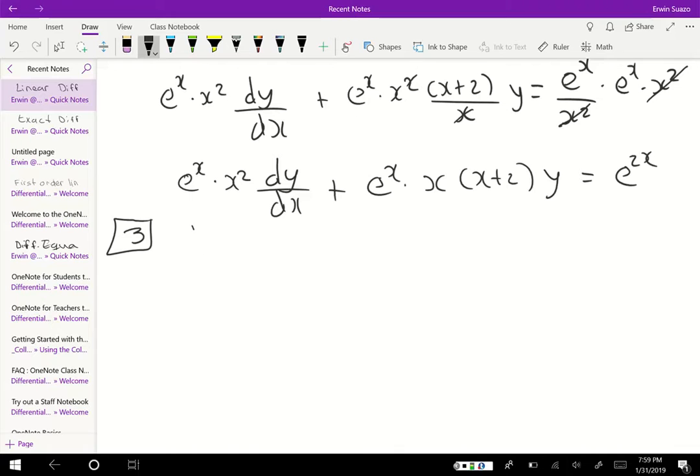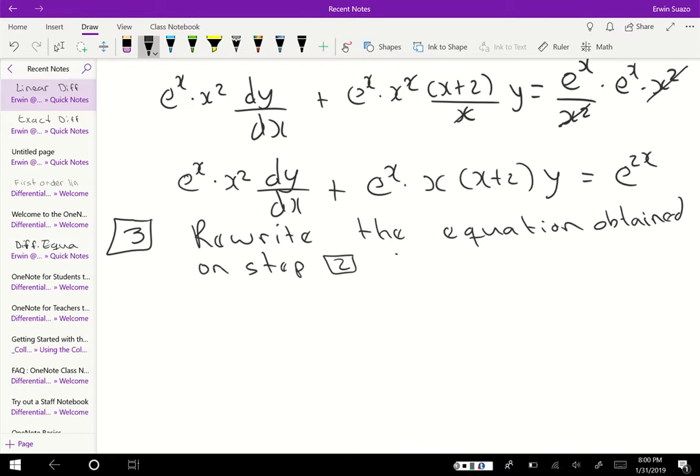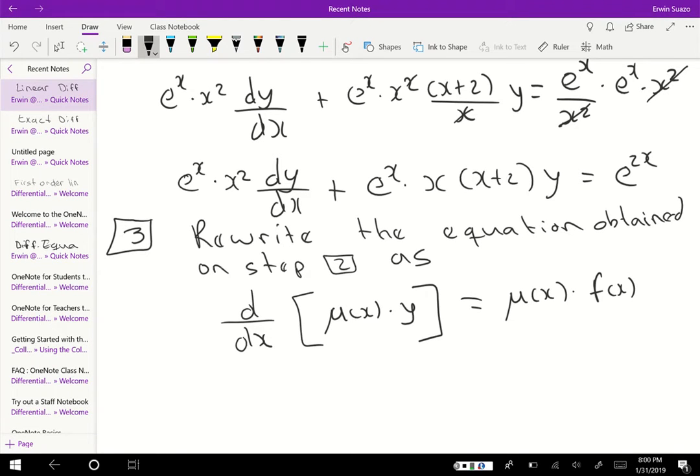Rewrite the last equation, or the equation obtained at step 2, rewrite it as derivative with respect to x of the integrating factor, that's mu of x times y, okay, and equals mu of x times whatever function you have at the beginning, f of x, right?